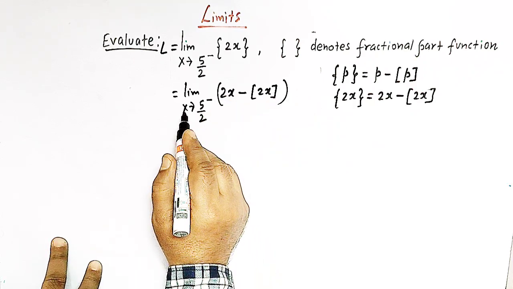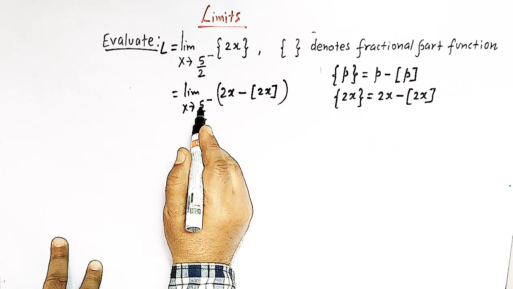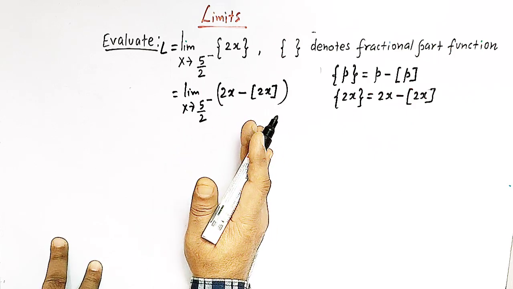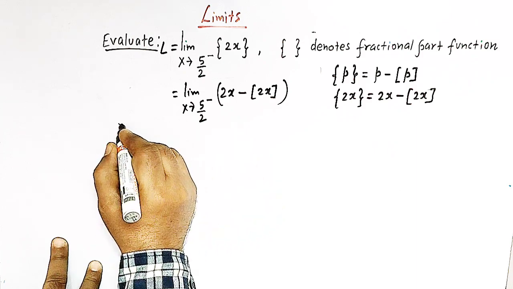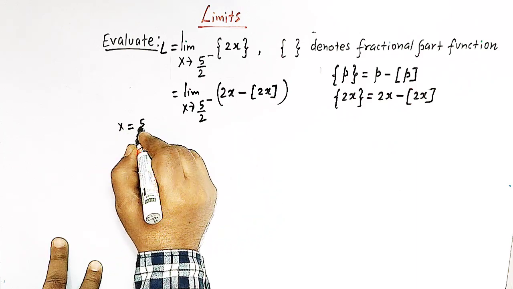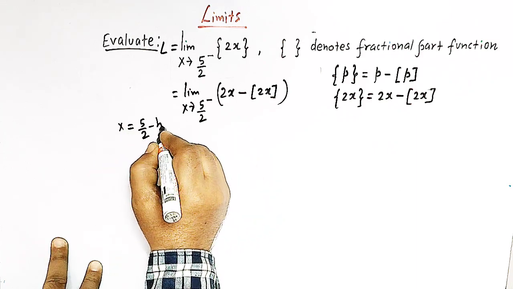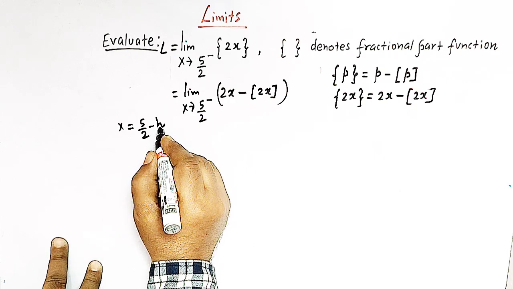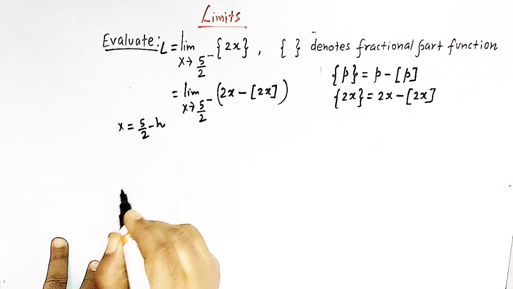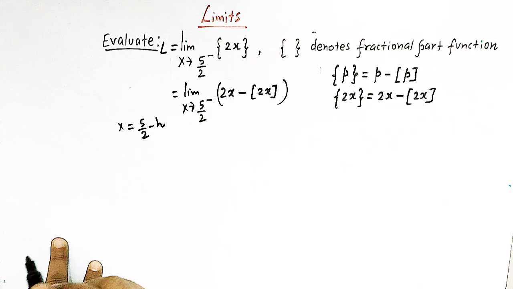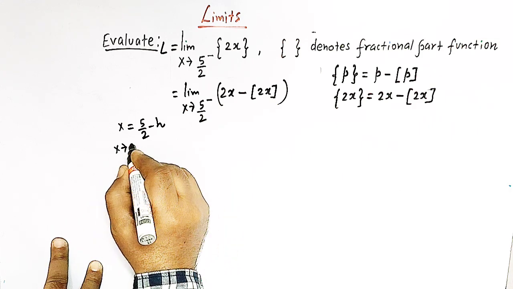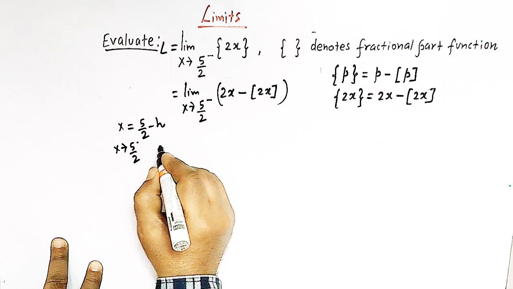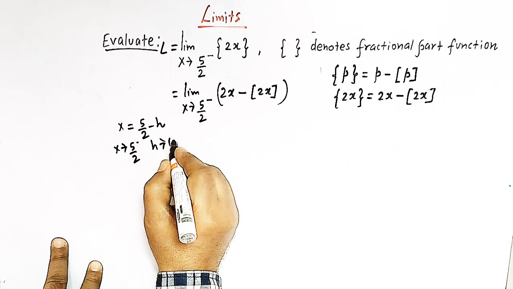Now x approaches 5 by 2 from the left of 5 over 2. So let us substitute x equal to 5 over 2 minus h, where h is a positive quantity and is infinitesimally small. When x tends to 5 by 2 from the left, h tends to 0.